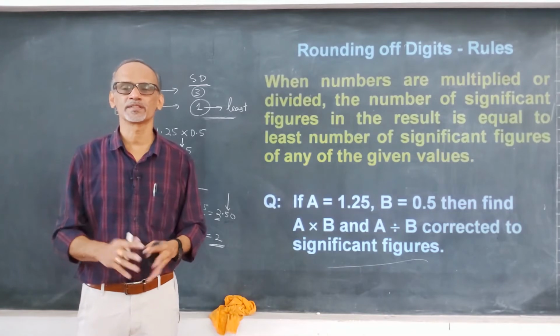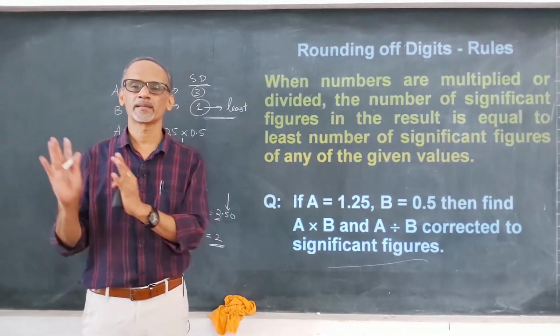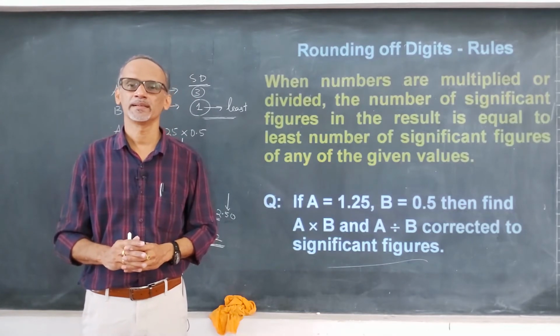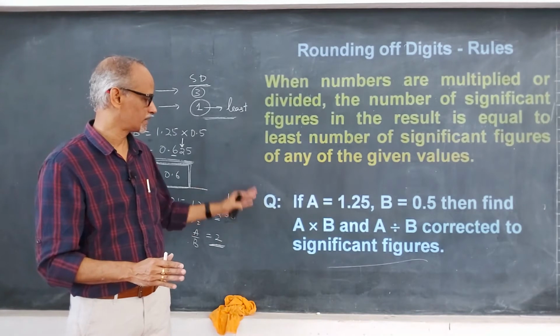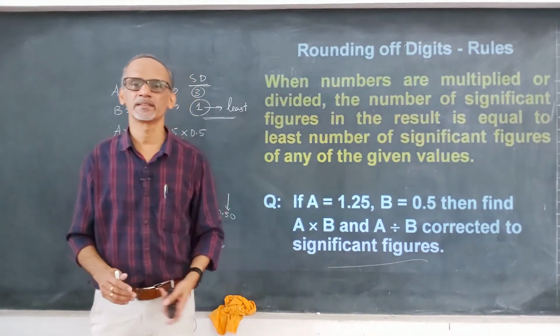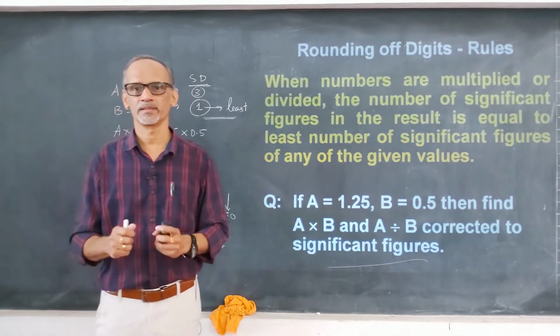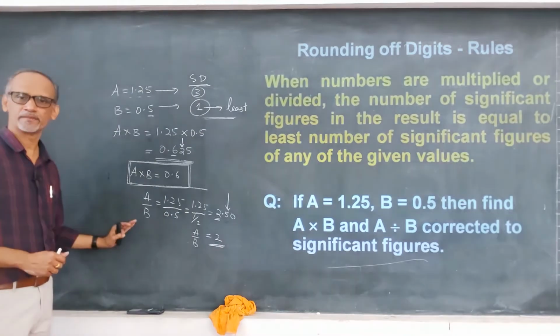Only then follow the rules. Otherwise, I will tell you how many digits you actually have to maintain while calculating the numericals. Are you clear? So, this rule is to be applied only if they mention that find the final answer corrected to significant figures, something like this only. Okay? Right. So, hope you have understood the multiplication rule and the division rule.